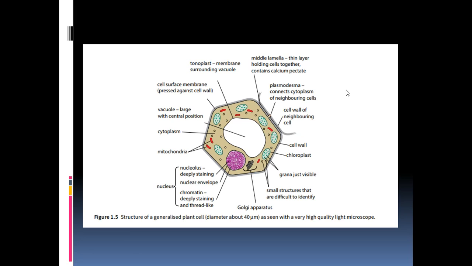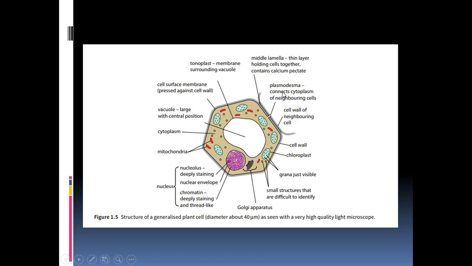But one of the most distinct features or differences between plant cell and animal cell is the presence of cell wall in plant cell, the absence of centriole in plant cell, the presence of vacuole in plant cell, the presence of chloroplast in plant cells, and also you can see that there is a structure known as plasmodesmata between two plant cells, etc. Right?